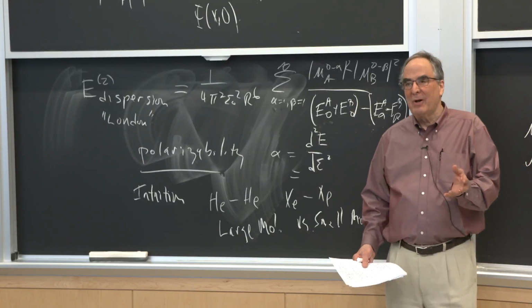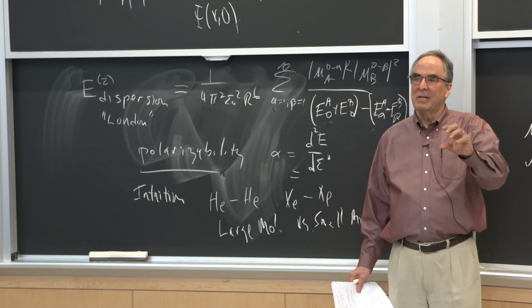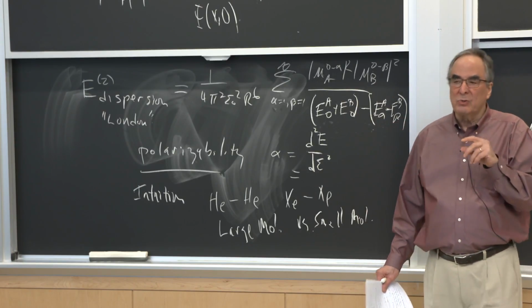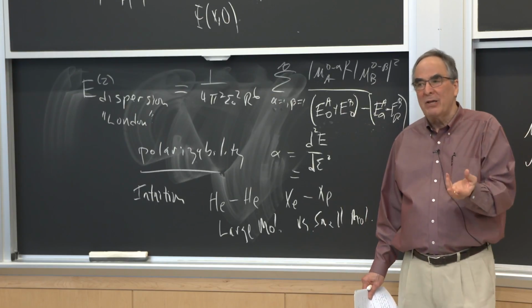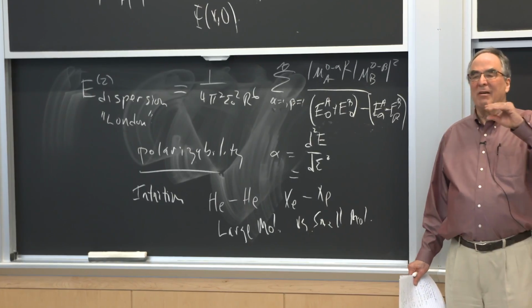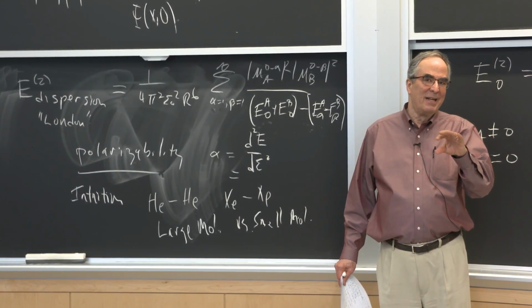The more vibrational modes, the more transitions are available for polarization. And so again, now we're talking about molecules which can be floppy, and the floppier the molecule, that means they have low frequency vibrations. You can polarize the daylights out of them.